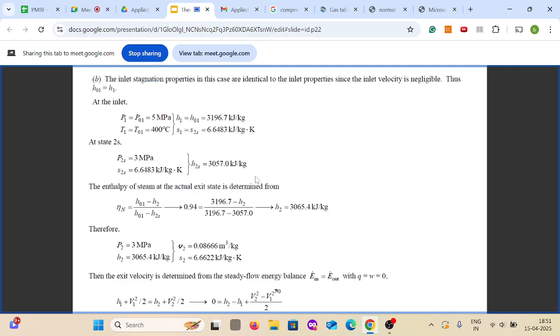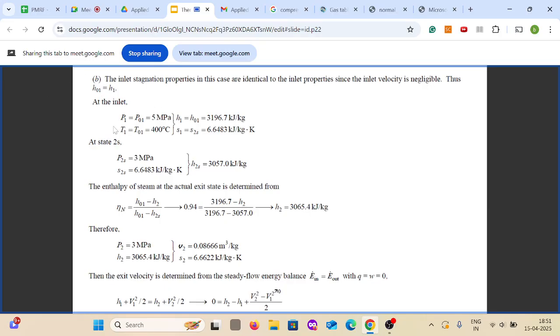So next is when the nozzle is not isentropic, 100% efficient, but has an efficiency of 94%. Here also the inlet stagnation property is the same as the inlet condition.